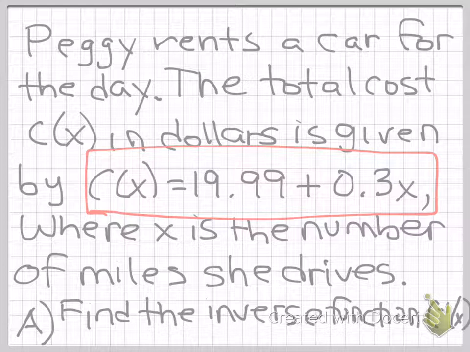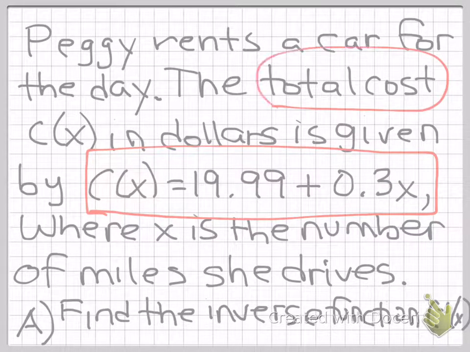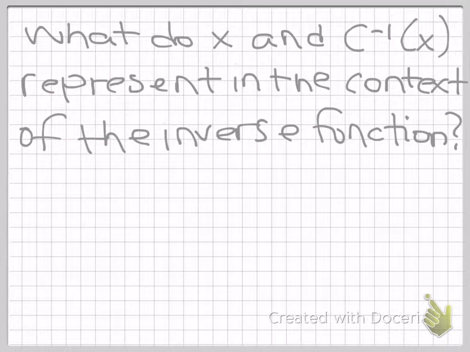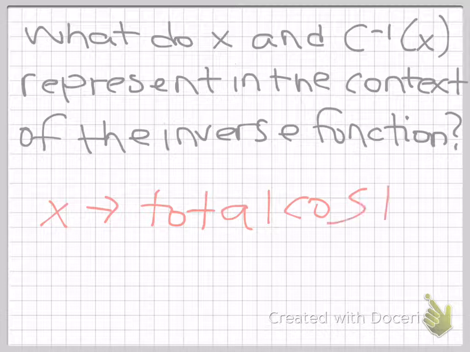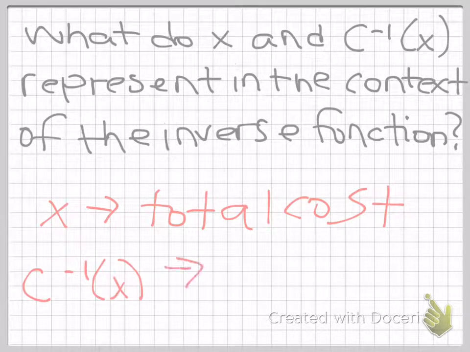So I'm going to switch the total cost to represent x instead of c of x, and I'm going to represent the c to the negative 1 of x, the inverse part, with the number of miles. So x would now be the total cost, and c to the negative 1 of x would now be the number of miles.